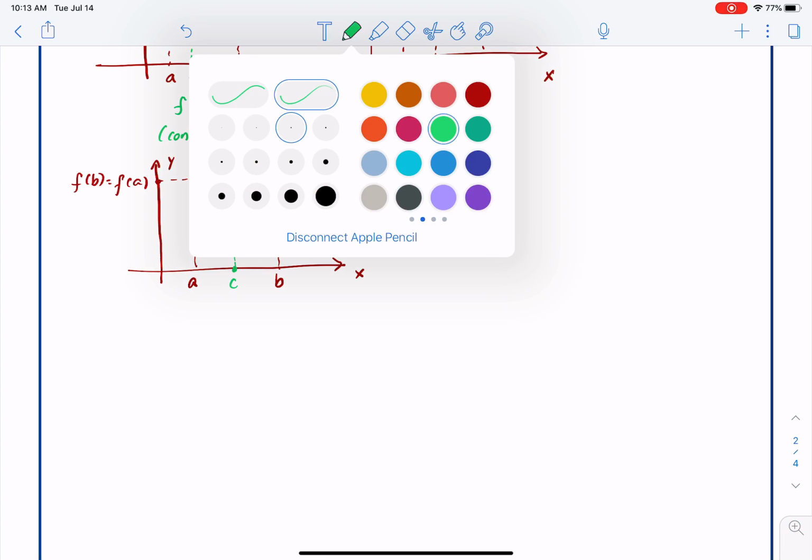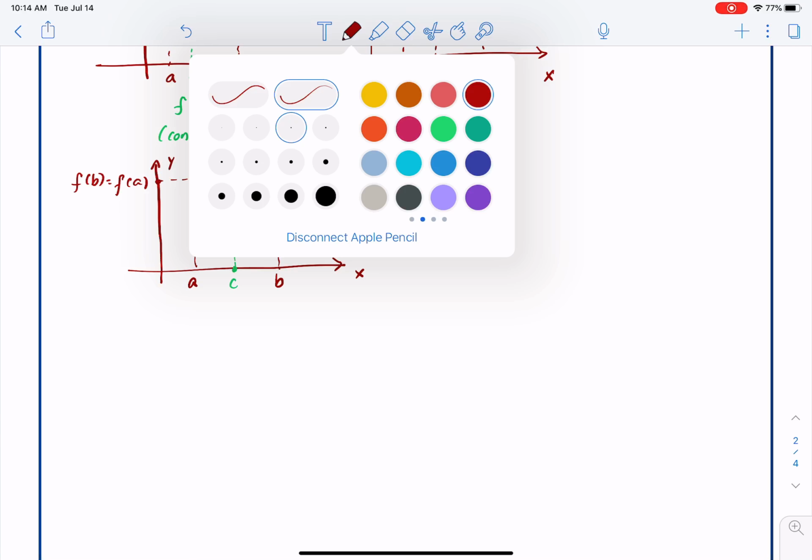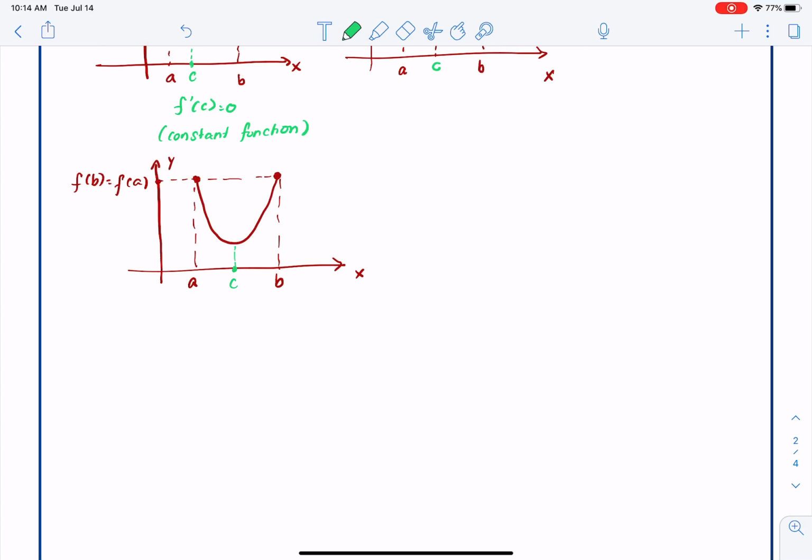On the left-hand side, the derivative is negative because it is decreasing.